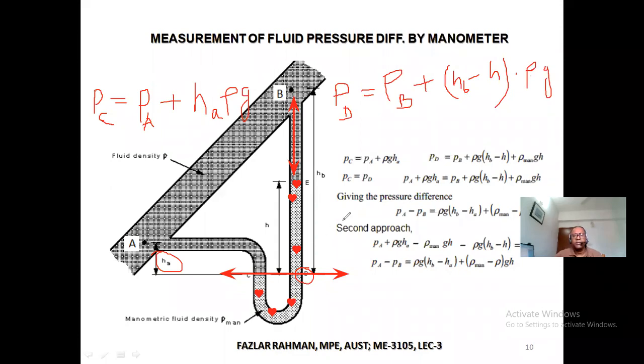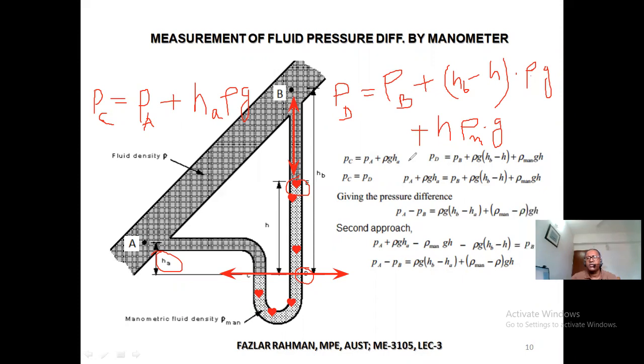You just came to point E. You need to come to point D. So again, we're going down, plus H rho M g. Then next line, PC equal to PD. Then figure out the pressure difference between PA and PB. So it is right over here showing PC equal to PD, then figure out the pressure difference.